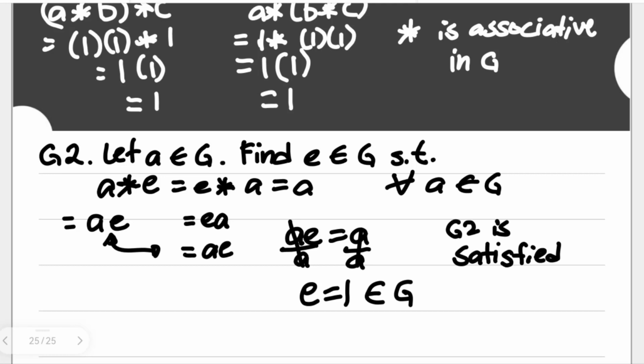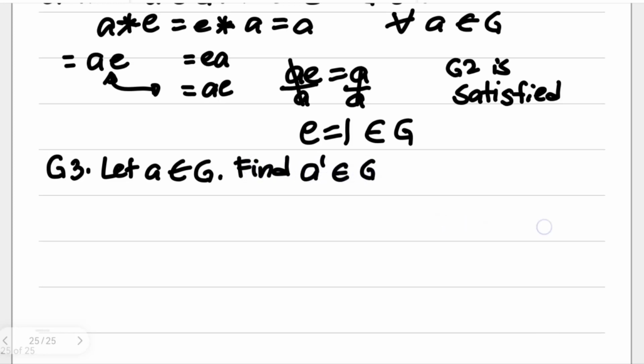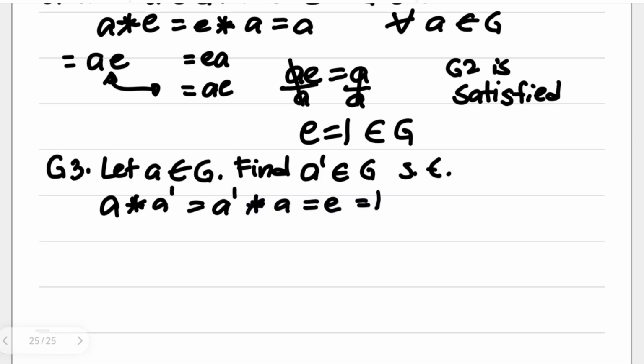Now, let's proceed to the third. Since G2 is satisfied, let's go to G3. This is for the inverse element. So we have, let A be an element of G. We need to find the inverse of A, which is also an element of G, such that A star A inverse equals A inverse star A equals E, which is 1. So we need to show that our inverse element for A, which is A inverse, is also an element of G, so that G3 will be satisfied.